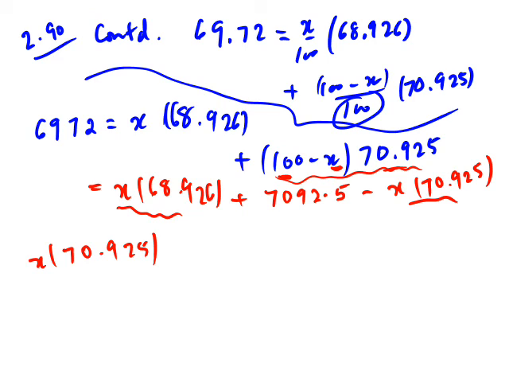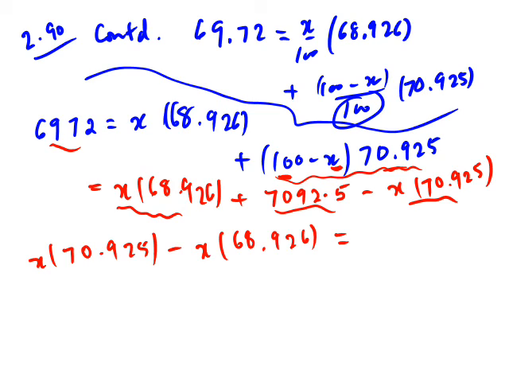Basically, I'm adding the same quantity on both sides. And the next term is going to be minus x times 68.926. And the pure quantities have to be on the other side. In this case, the pure quantity is 6972, and I have another quantity coming. This one is 7092.5.